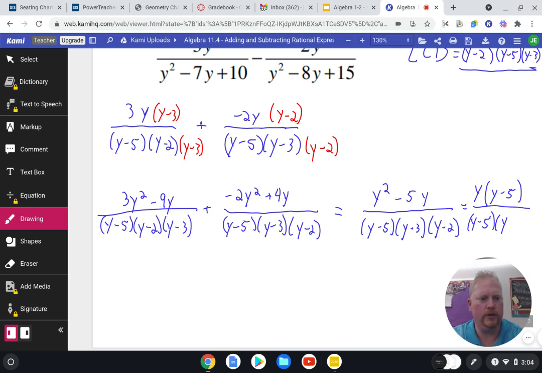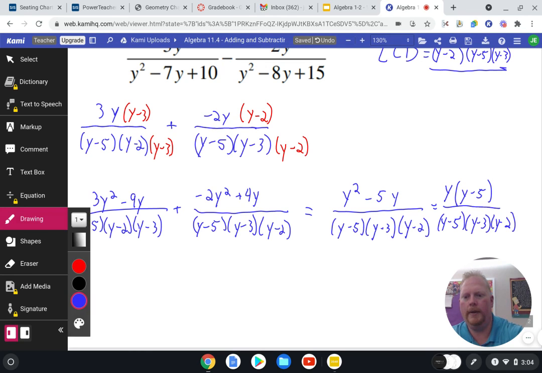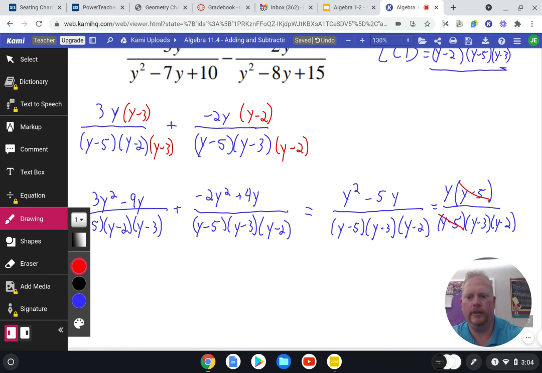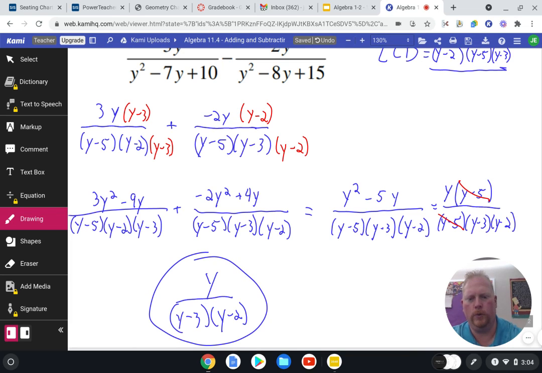And I think you should be picking up on this, that the y minus 5s can cancel out. So then my final answer is going to be y over y minus 3 times y minus 2. Whew, that was a doozy.